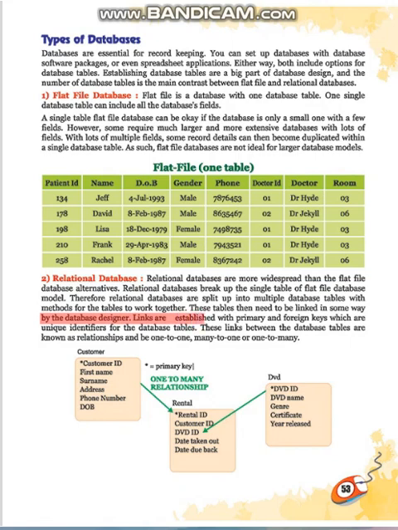Links are established with primary and foreign keys, which are unique identifiers for the database tables. These links between the database tables are known as relationships and can be one-to-one, many-to-one, or one-to-many. Customer, one-to-many relationship, rental, DVD.